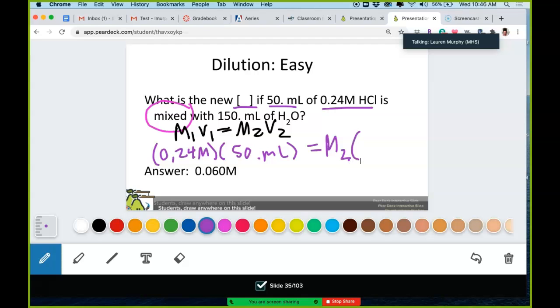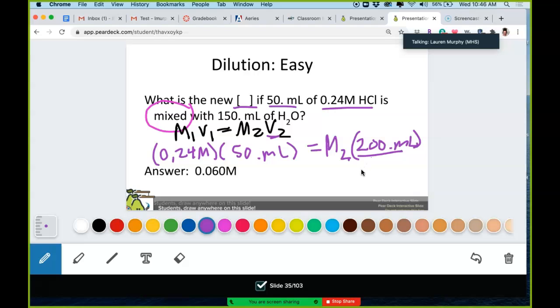Now, this is important. What's my final V2 volume? 50, 150, or 200? Yes, it's 200 because you took 50 milliliters of the acid solution and you added 150 milliliters of water, which means you have 200 milliliters of stuff.